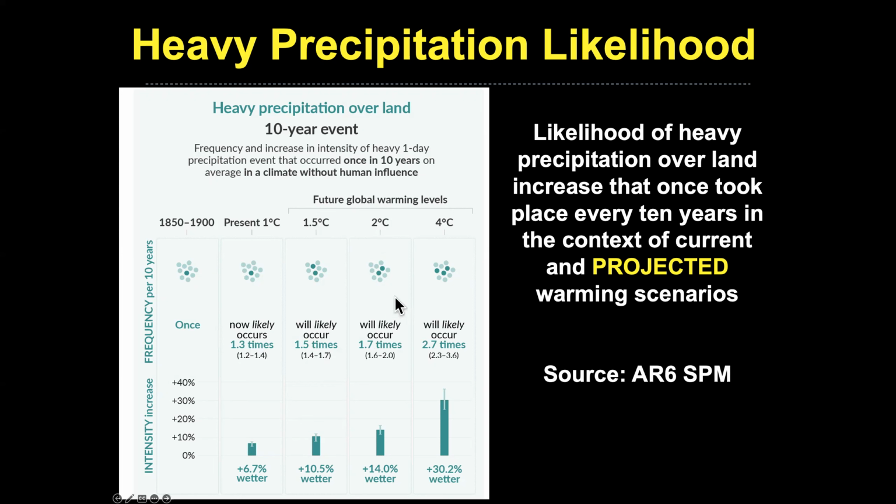And in a 4 degrees Celsius hotter Earth, it is likely to occur 2.7 times as often. So right now, we're basically about 6.7% wetter than we were between 1850 and 1900. That increases to 10.5, 14.0, and 30.2. That's just to give you a sense of how likely you are going to be to see these increased precipitation events.